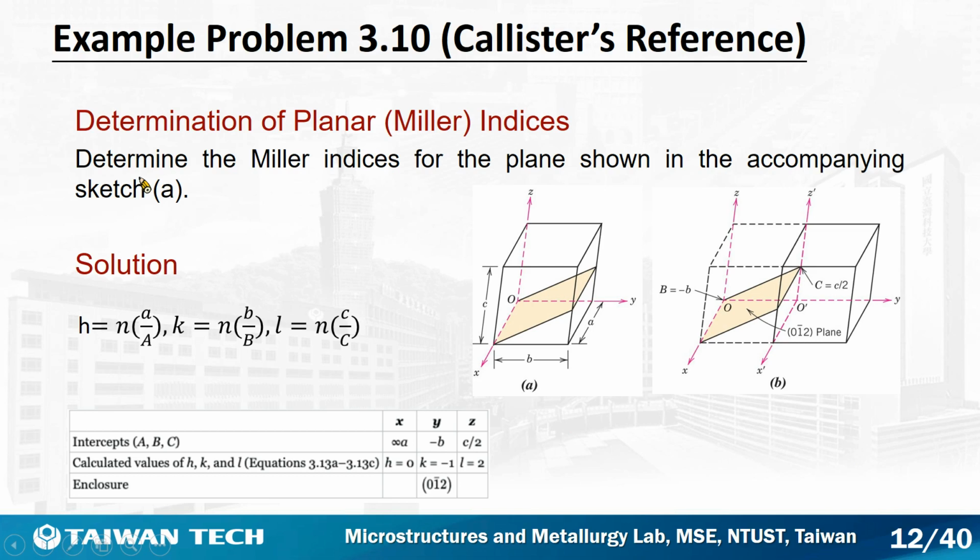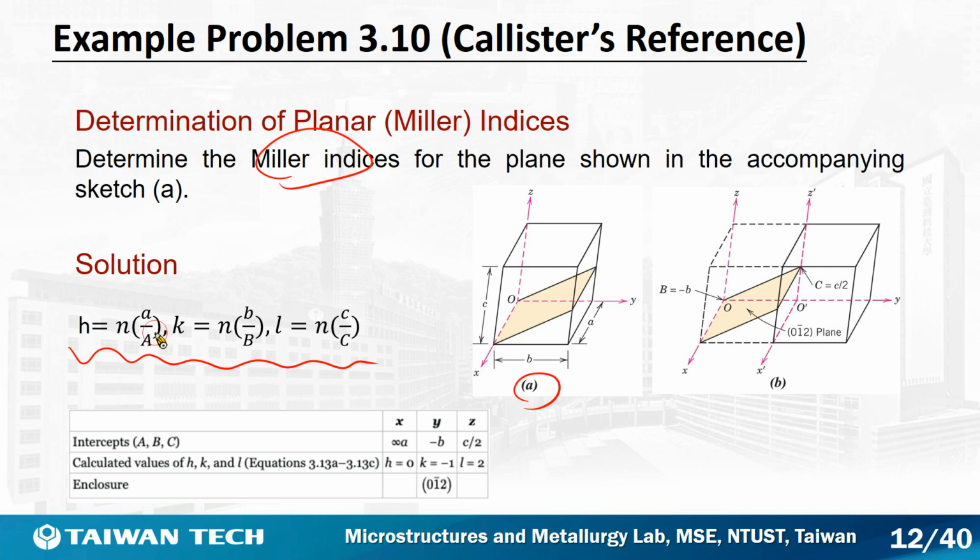Okay, let's see this example problem 3.10. Try to determine the Miller indices for the plane shown in figure A. Okay, so let's see the steps. We have a lot of steps, right? And based on these equations. But first, because it passes through the origin, we must move this plane to a different location. You can choose any you like. Let's say we choose this. We move it to the left.